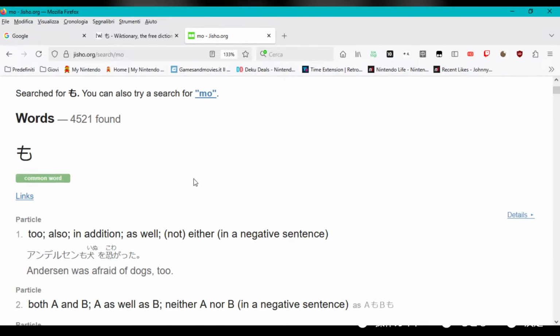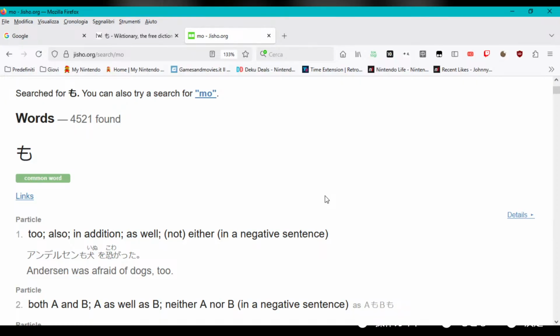First and foremost, as a particle, which means too, also, in addition, as well. Let's ignore the usage in negative sentences, as that's more complex. The basic usage is as too.